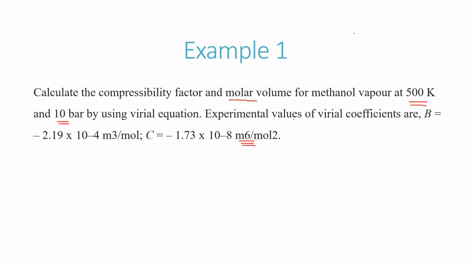Since it's meter cube per mole for volume, as I told you, it's better to calculate volume in meter cube per kilomole or liter per mole. So we'll convert this into meter cube per kilomole. B is minus 2.19 into 10 to the power minus 4 meter cube per mole. I'll convert it into kilomoles, so 10 to the power 3 moles per 1 kilomole.